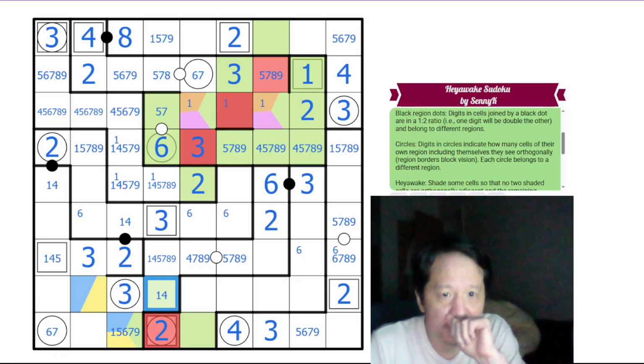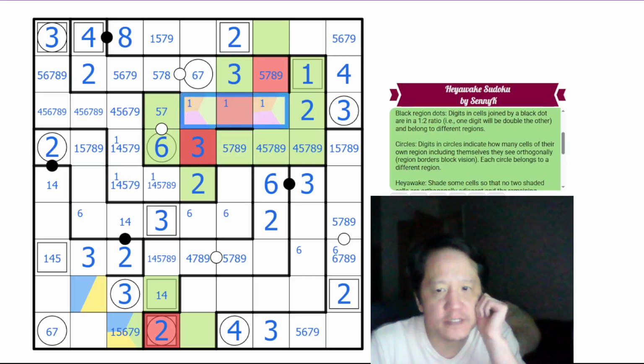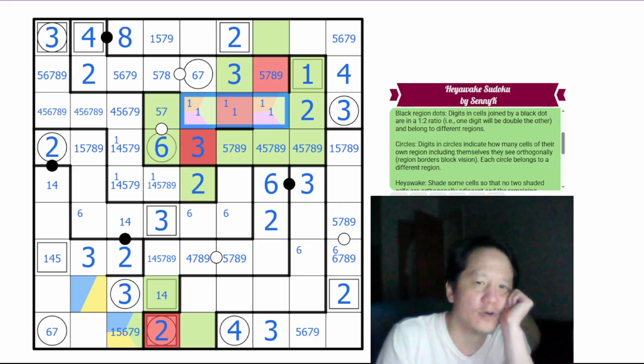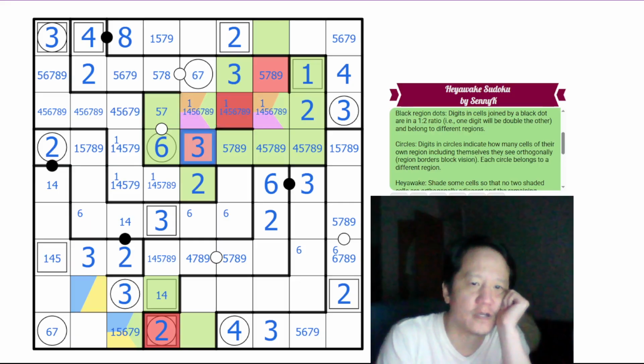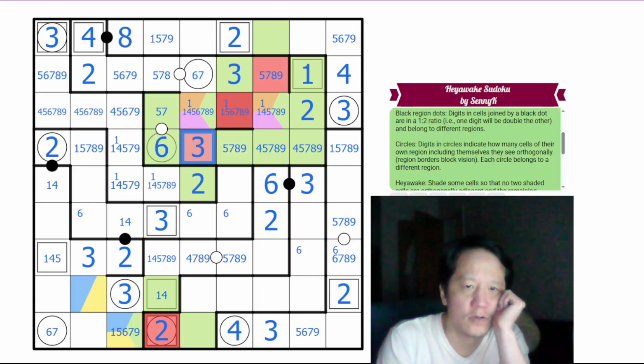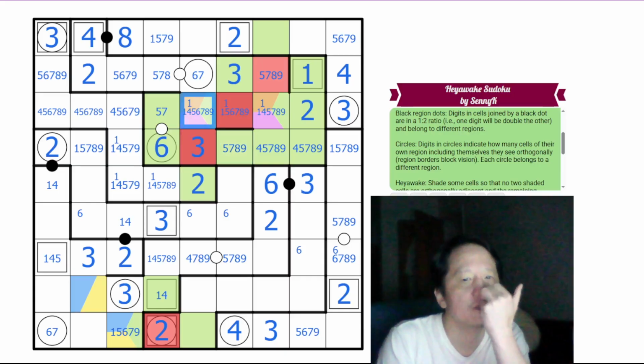Maybe. Nothing that great. Remaining digits in row 3: 1, 4, 5, 6, 7, 8, 9. Pretty broad. No 6 here, no 4 there. This we don't have really restricted.